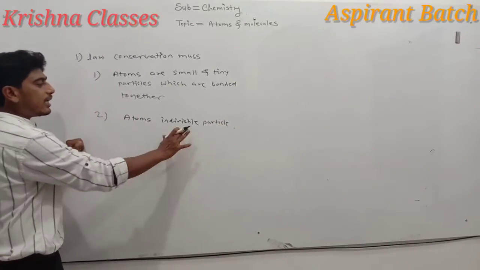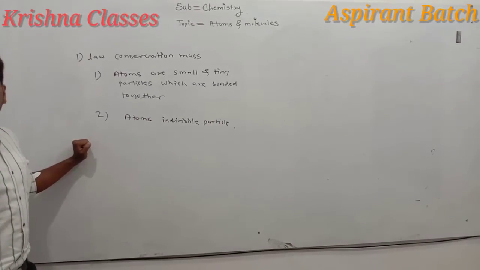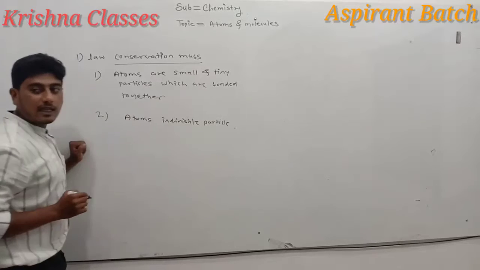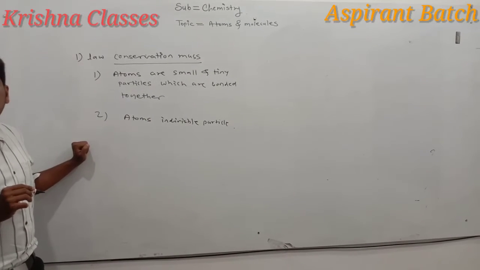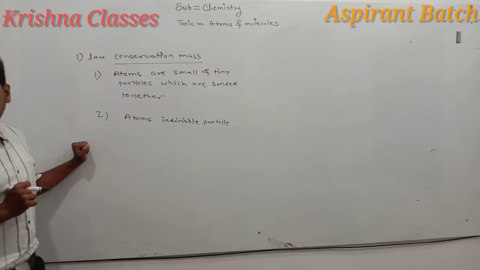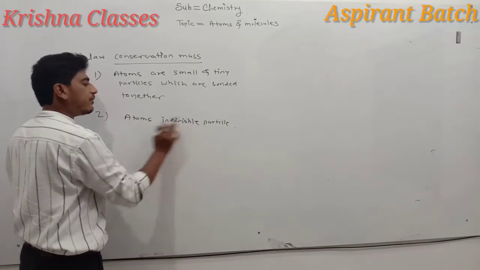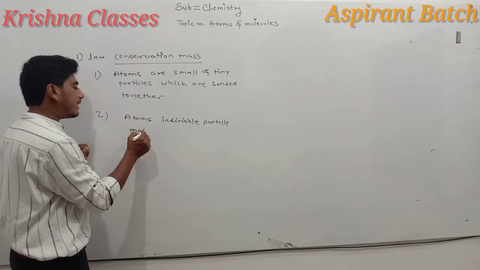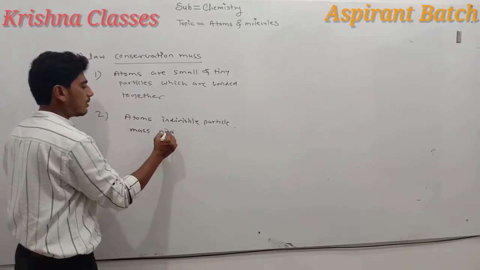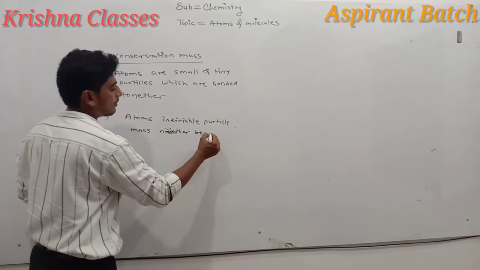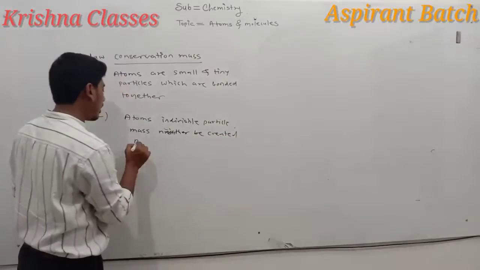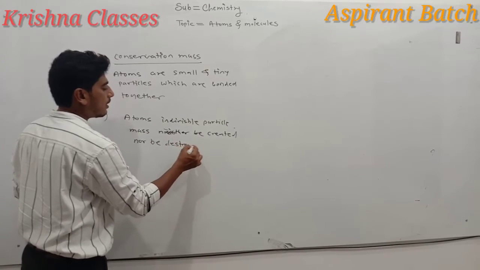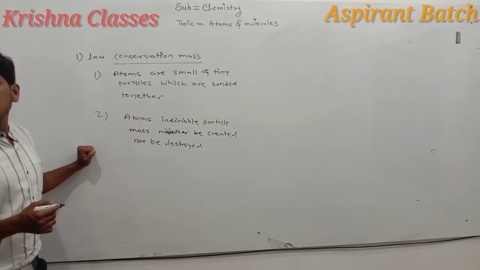So atoms are indivisible particles, so the atomic mass, that is the mass of a compound, follows the law of conservation of mass. Mass can neither be created nor be destroyed, but it can convert from one form to another. Mass is neither created nor destroyed by any physical means or chemical transformation.